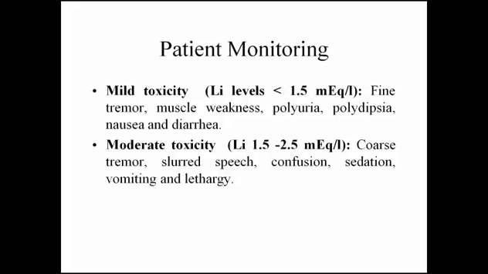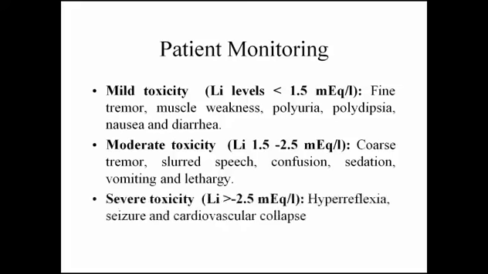With moderate toxicity at a level of 1.5 to 2.5, you will start seeing confusion, sedation, and weakness. With severe toxicity, you see seizure and collapse. So tremor in mild toxicity, confusion in moderate toxicity, and collapse in severe toxicity.